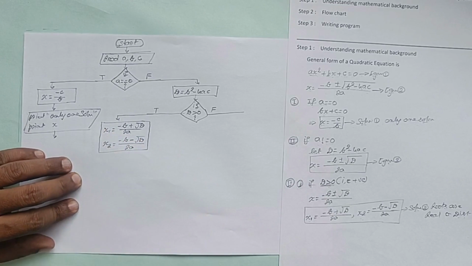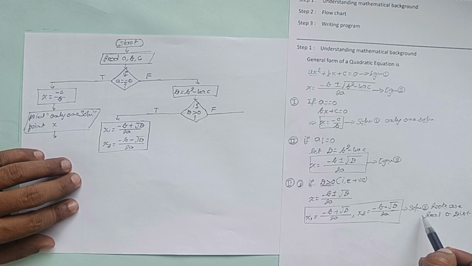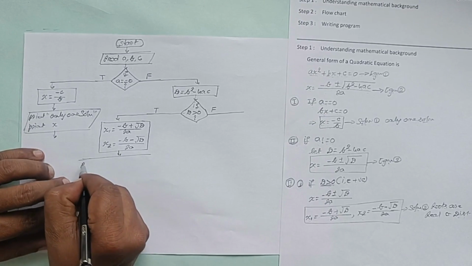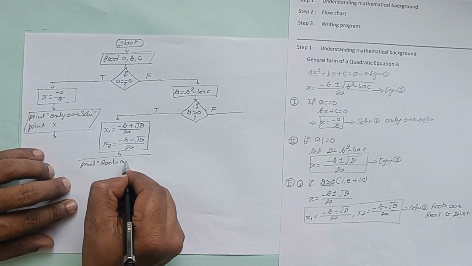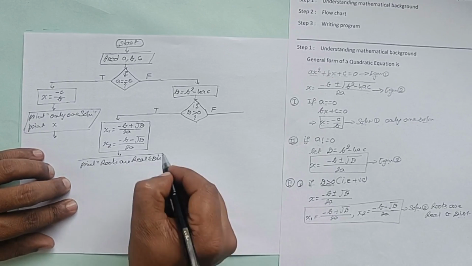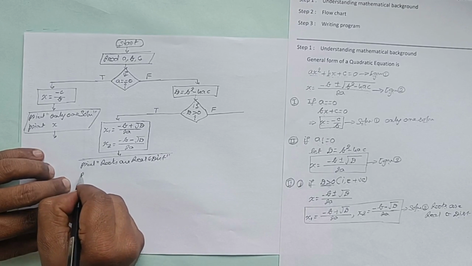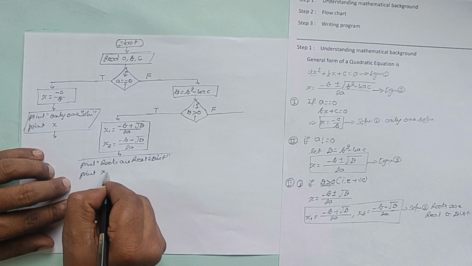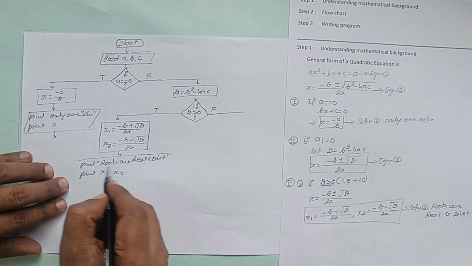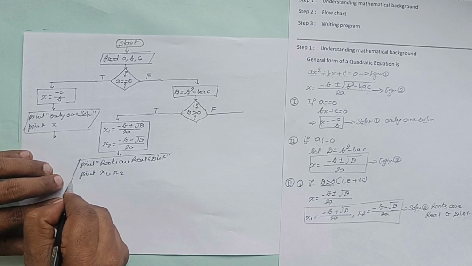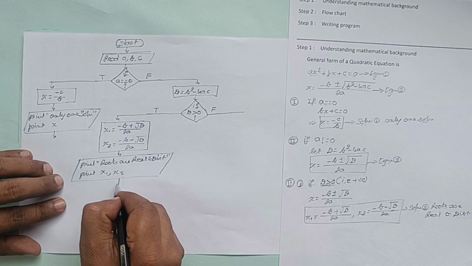After finding the values of x1 and x2, first let us display the characteristics of roots. Roots are real and distinct. Print roots are real and distinct. Then print x1 comma x2 within a parallelogram and stop.